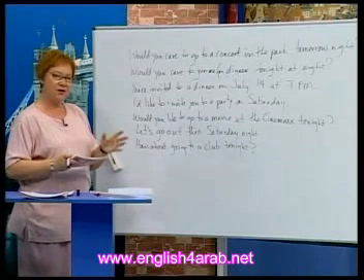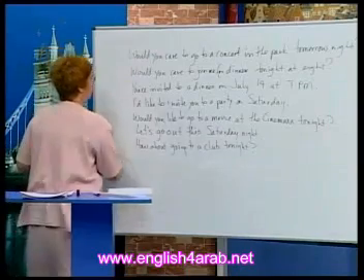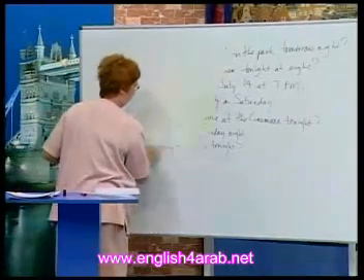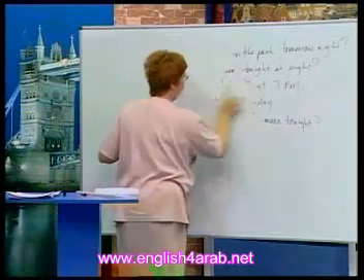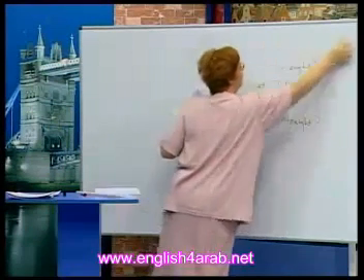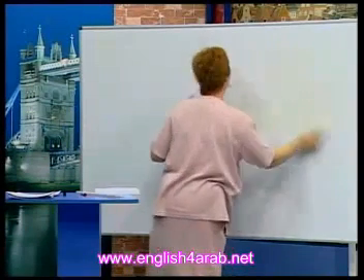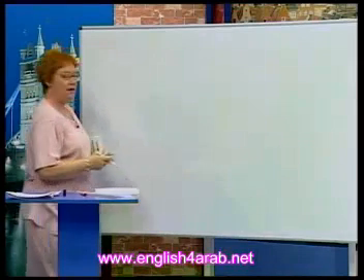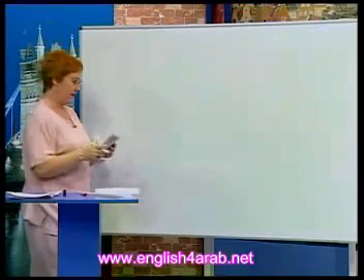Now, there's another way we can do it, and let me make some more room here. And we can change it around a little bit. And then I'll show you how it looks. Okay. Sometimes we say what, where, and when first.